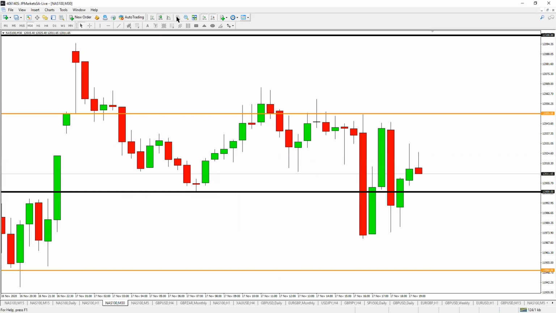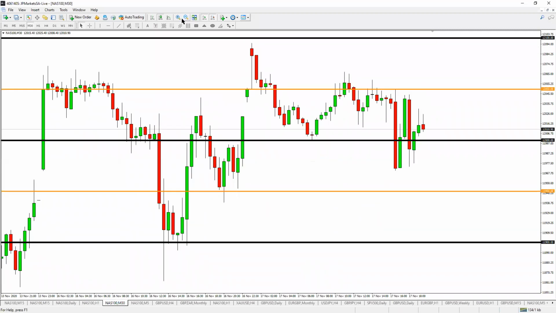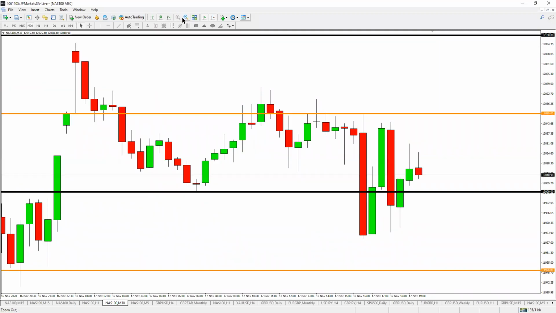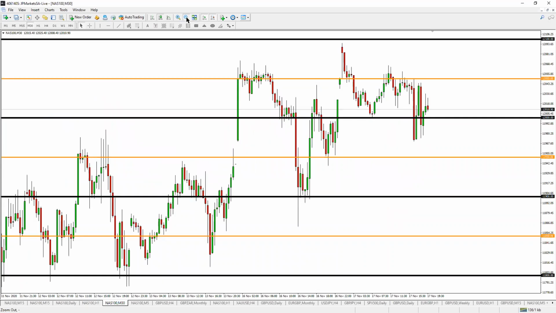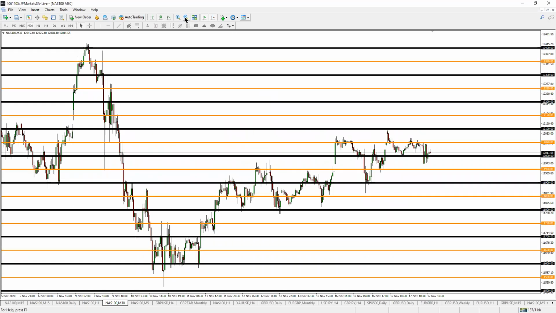So, for instance, if you look at this line, the orange one, it's 12,050, and then this one is 12,100. So these are round numbers. This is where the market is most likely to find support and resistance, around these zones.